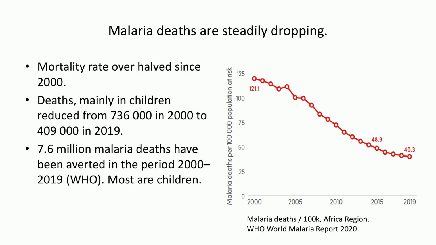That is an astonishing achievement of medical science, and that's basically the combination of insecticide-treated bed nets, some spraying of walls, and some drugs which are essentially old drugs that have been repurposed for this reason. A great achievement. Over this period, probably 7.6 million malaria deaths have been averted using these relatively simple techniques.